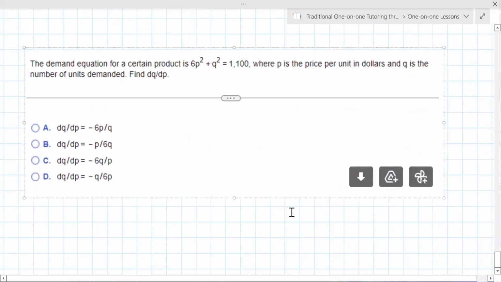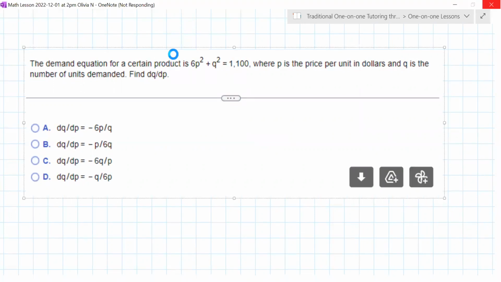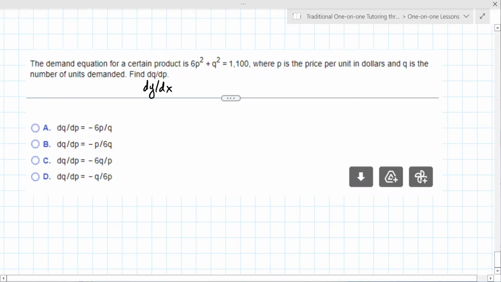All right. This one says find dq/dp, and that means you want to think of this, as a student, as dy/dx. What I would tell you to do is actually replace the letters.